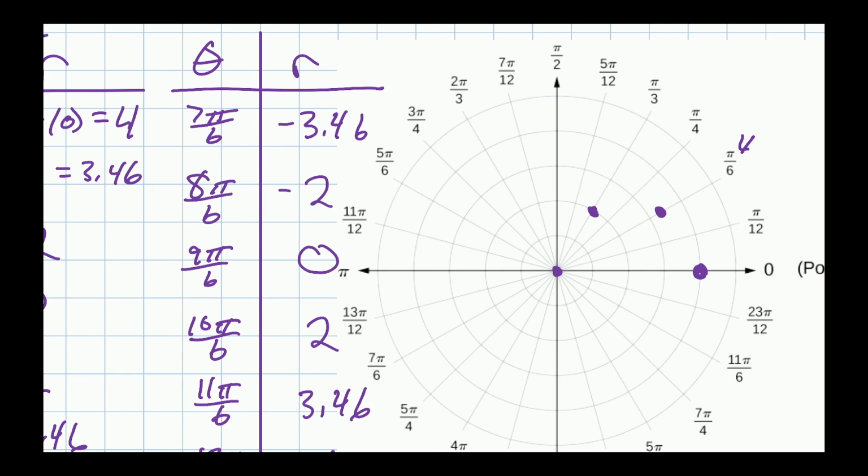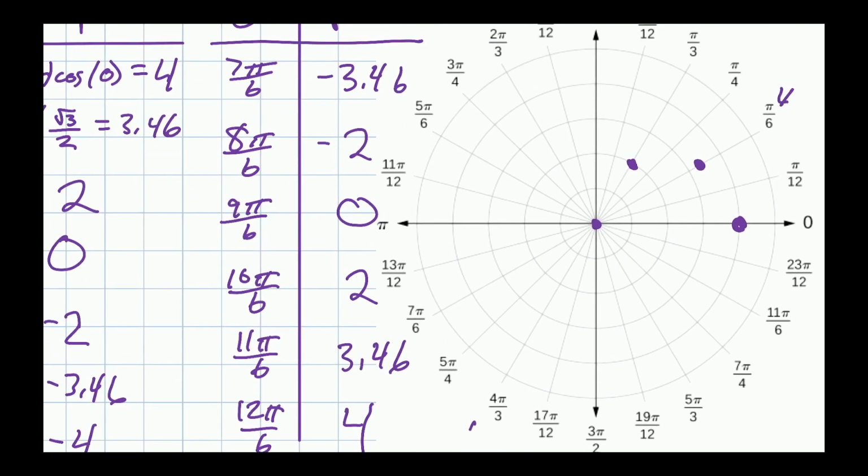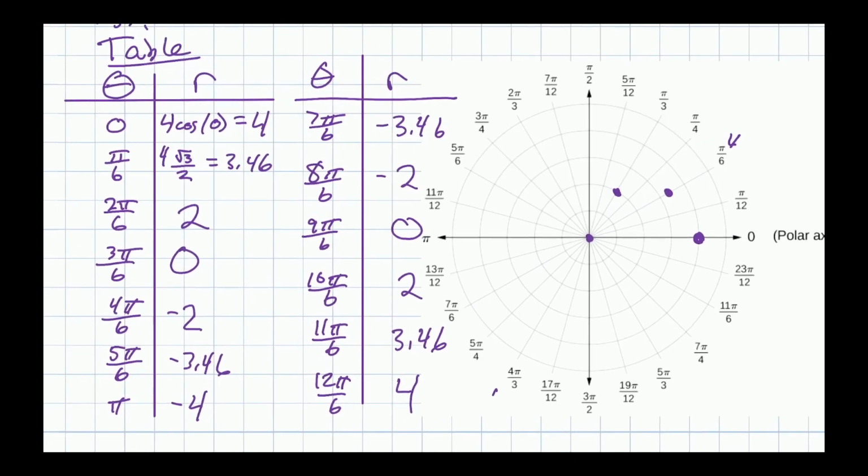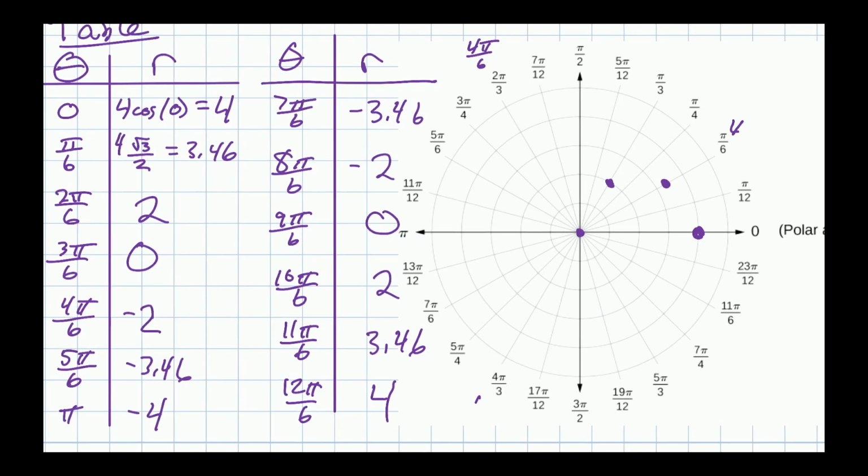So this is where we were. And then we keep going. But when you get here, you're at 4 pi over 6, which is 2 pi over 3. So 4 pi over 6 is right here. And this direction is the direction you're supposed to be going, but the radius here is -2.